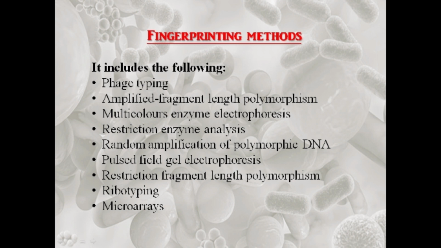The number and size distribution of these fragments is commonly referred to as a fingerprint and is normally characteristic for different strains. There are different types of fingerprinting. It includes phage typing, amplified fragment length polymorphism, multilocus enzyme electrophoresis, restriction enzyme analysis, restriction fragment length polymorphism, ribotyping, microarrays.